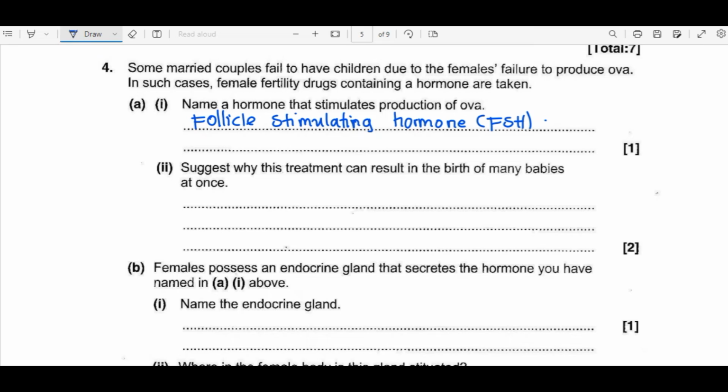Then it asks us to suggest why this treatment can result in the birth of many babies at once.